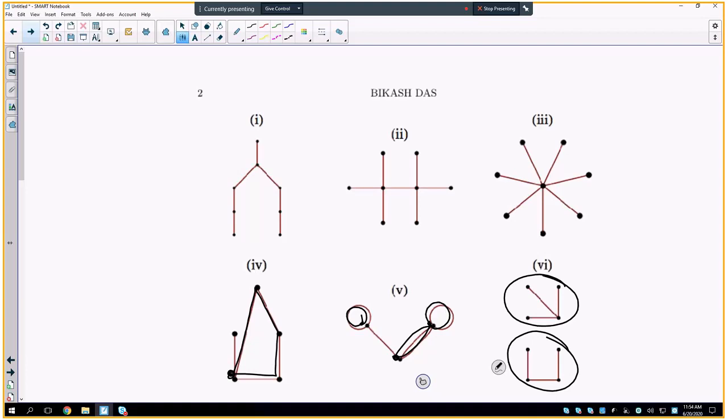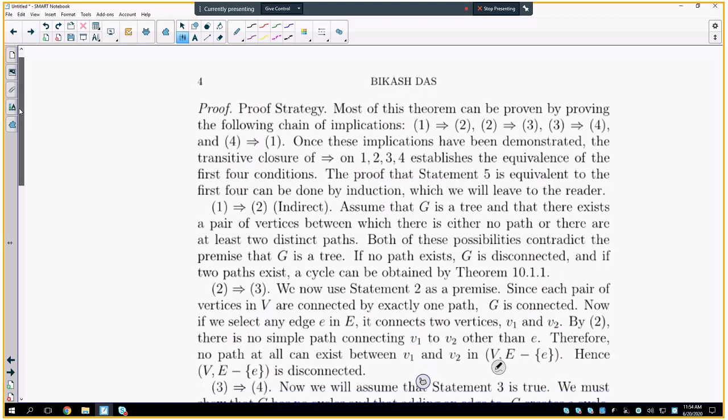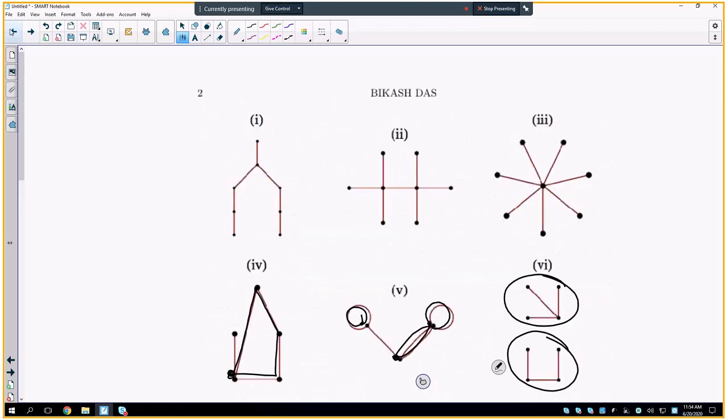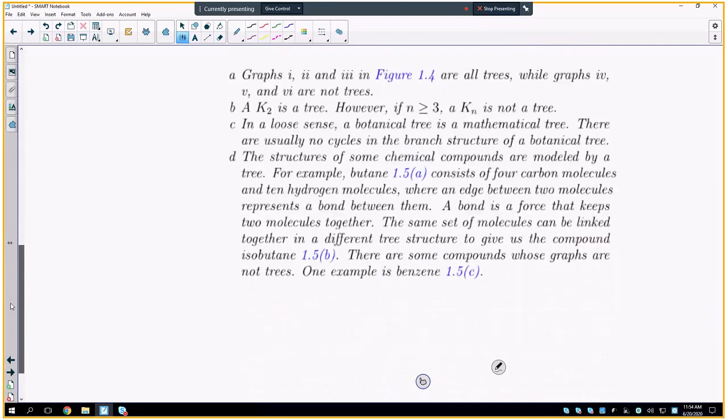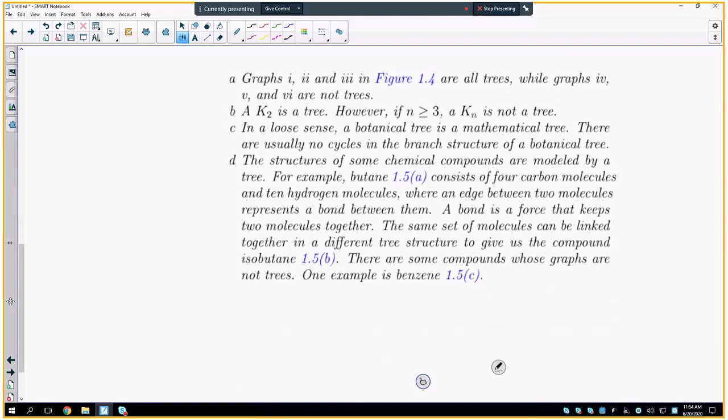Okay, so let's talk about the examples we have just done. So we're going to go and learn a little more about existence of tree in our practical purposes. As I have mentioned, graphs 1, 2, and 3 in figure 1.4 are all trees, while graph 4, 5, and 6 are not trees. K2, remember the complete graph with 2 vertices, is a tree.